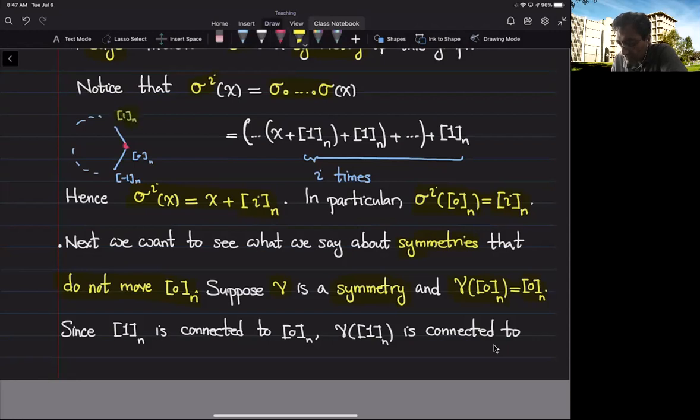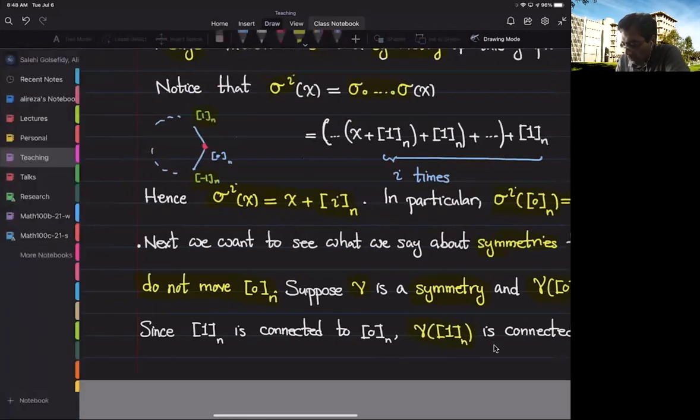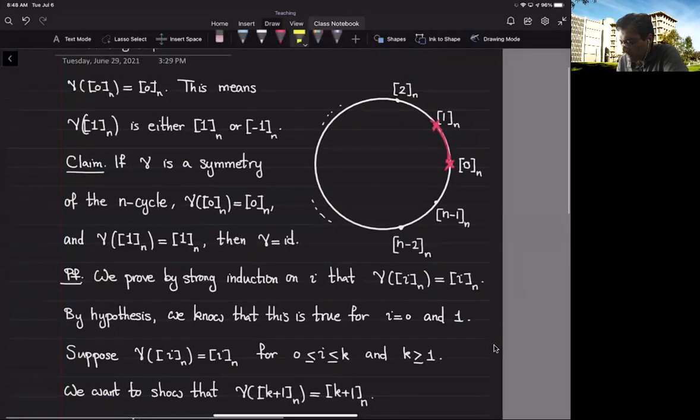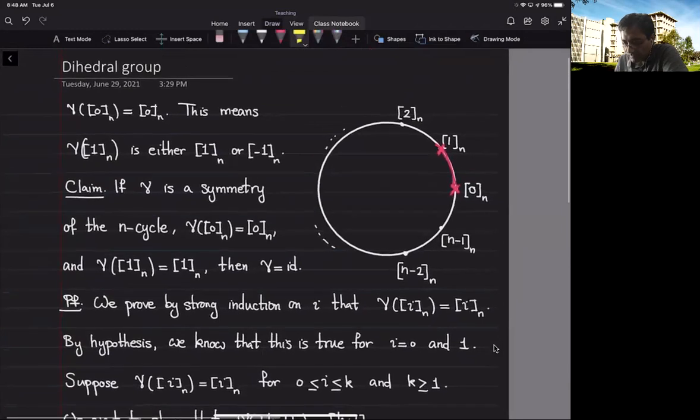Either I have to fix them, sending this one to itself, or this needs to be sent to the other neighbor of the vertex labeled by 0. So gamma of 1 is either 1 or -1. Because gamma of 0 is 0 and gamma of 1 is supposed to be connected to gamma of 0, gamma of 1 is either 1 or -1.